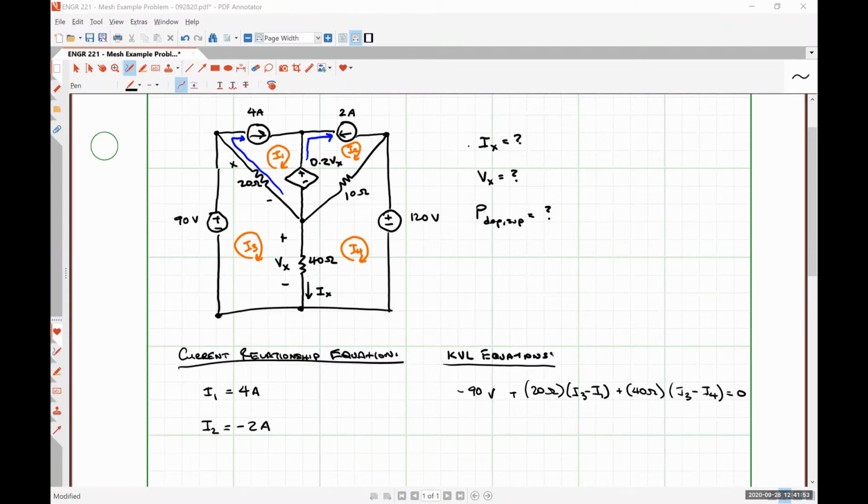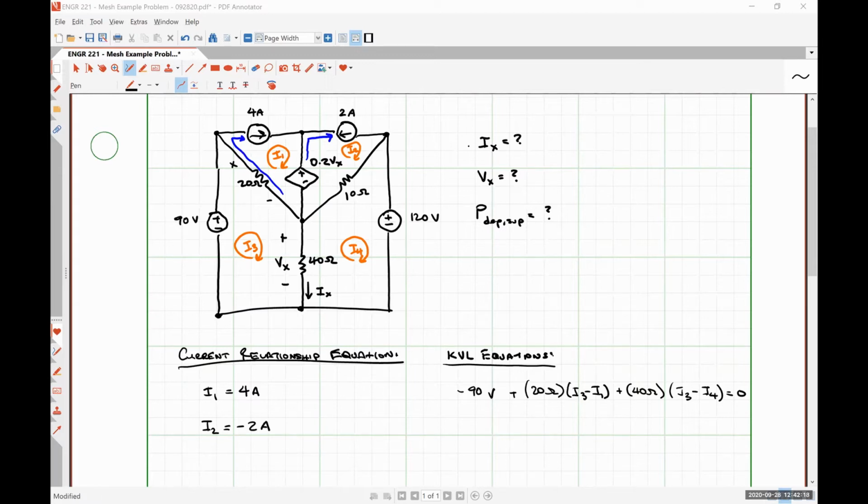The reason why we can't write one is because the voltage drop over a current source is entirely independent of the current that's being provided by that source. Because that dependent source happens to be in between those two meshes, which we can't write KVL equations for, that's why it's not going to show up in anything that we've done.